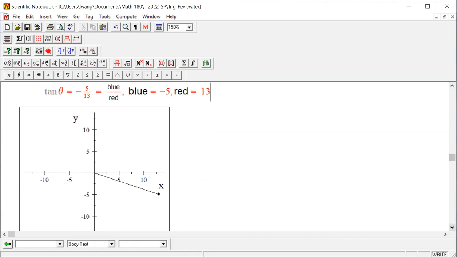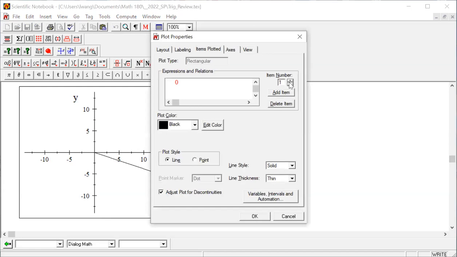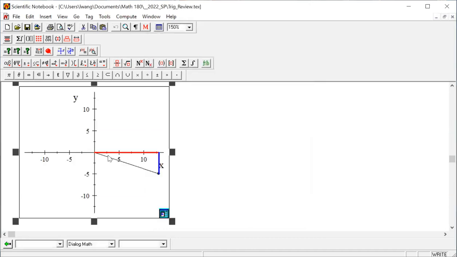Let me draw the red and blue, and you tell me what the hypotenuse is. So this is going to be the red, and the next one is the blue. There we go, red and blue.